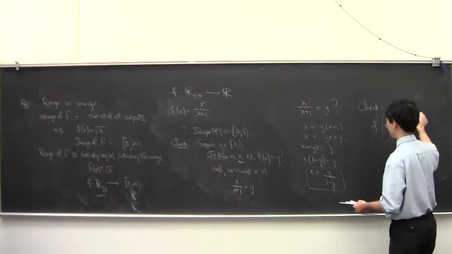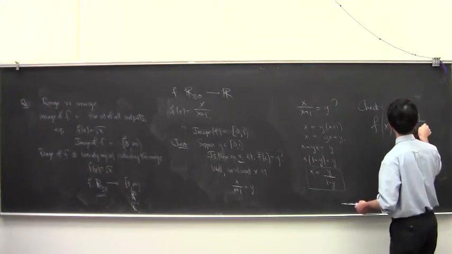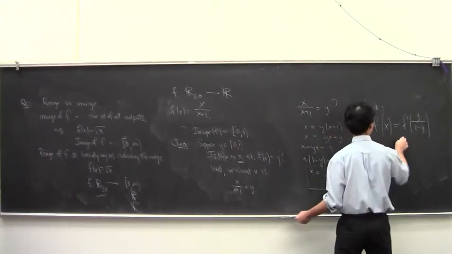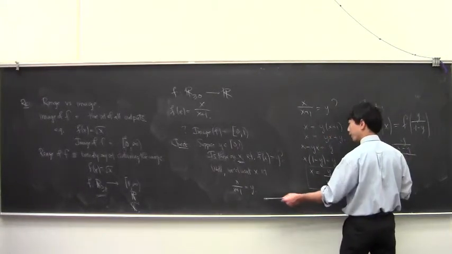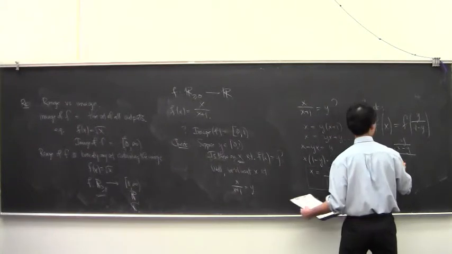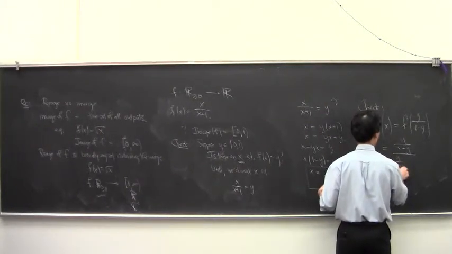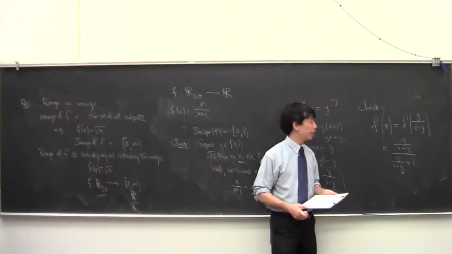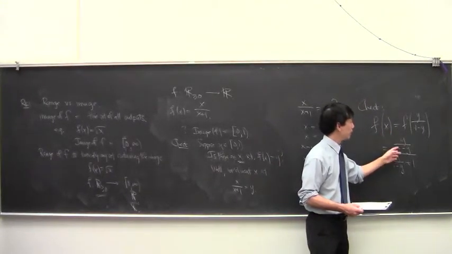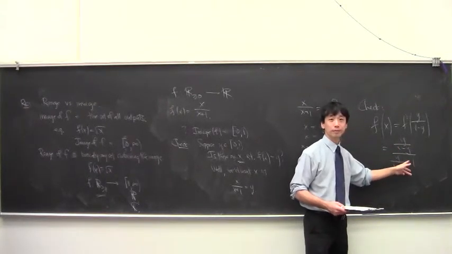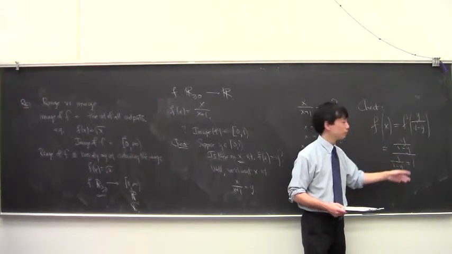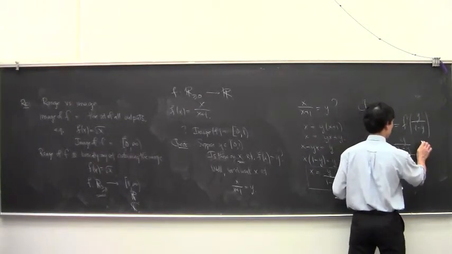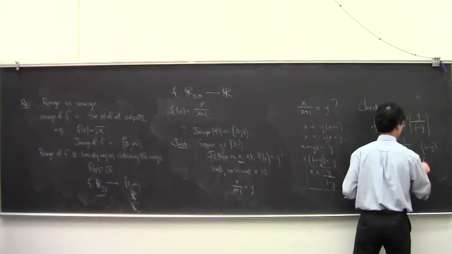Well, f of x is going to be f of y over 1 minus y, that's to say, y over 1 minus y, over that plus 1. F of x is going to be x over x plus 1. And let's multiply top and bottom by 1 minus y to make this cleaner.